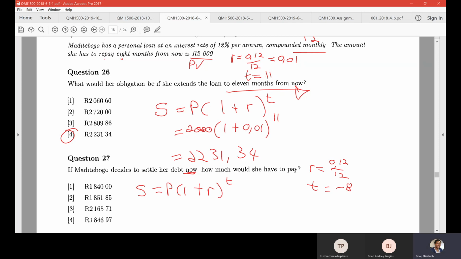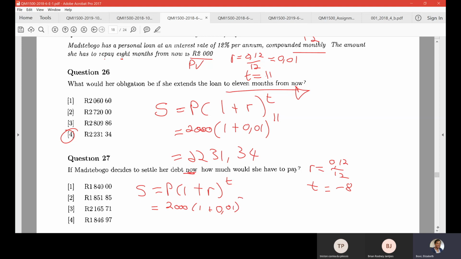Because the money is moving backwards, we substitute. Our present value is 2,001 plus our interest rate was 0.01. Remember, it's still compounded.